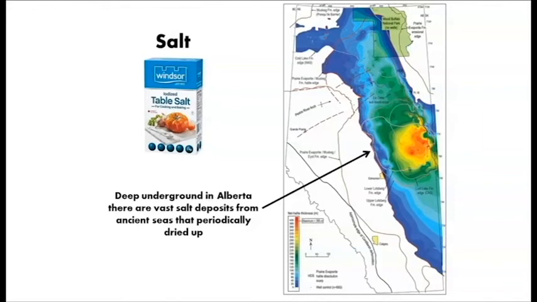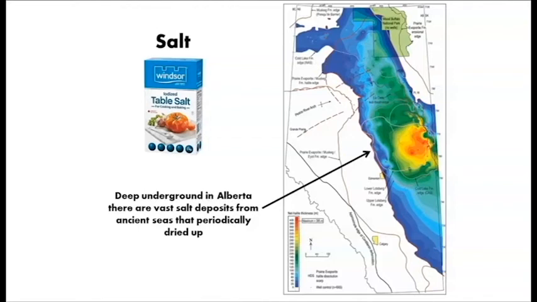Now you can find it all across Alberta, and these salts were deposited in these tropical oceans, but at a time when the tropical oceans continued to dry up. And when you evaporate or dry up ocean water, it has a lot of salt in it, right? The ocean tastes salty. And when you evaporate that water, you leave behind the salt.